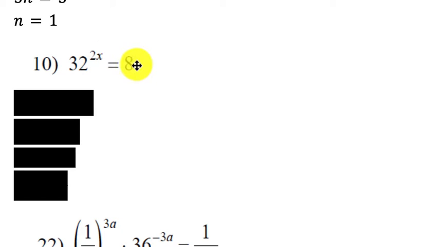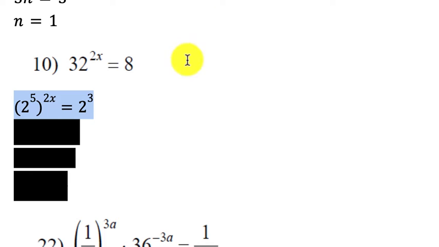So I've got to think about other numbers that are raised to powers to get these two numbers here. Now, if we've played 2048 enough, we know that 8 is a power of 2, and we also know that 32 is a power of 2. So I can rewrite 32 as 2 to the 5th power, and 8 as 2 to the 3rd power.